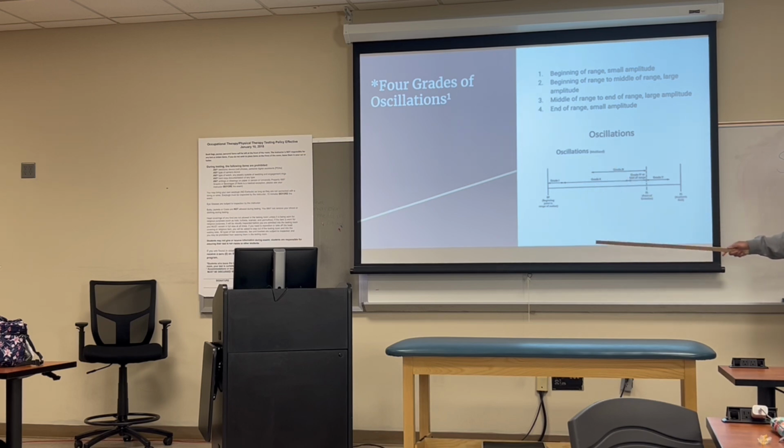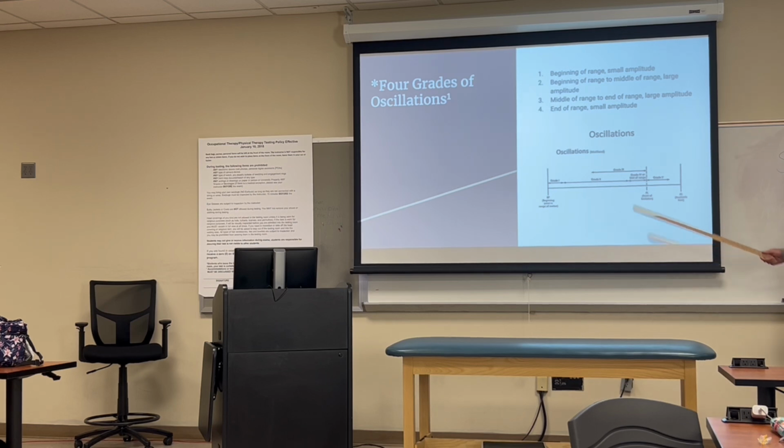Now, if you go back and look at grade 3, the visual is describing what's in the word. So grade 3 is going to begin at the middle of the range and go to the end of the range. But look at this. What does this line represent? The amplitude, the distance.